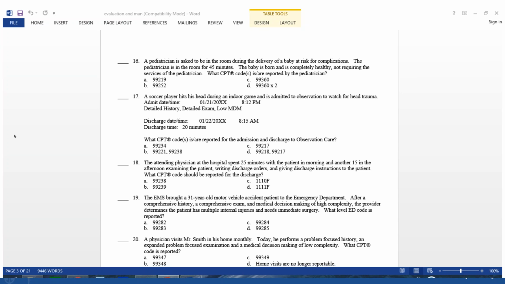Expanded problem focus examination, and a medical decision making of low complexity. Answers in the chat box, please. Remember, they got to get 2 out of the 3, and then you can capture that 2 out of the 3. So for number 20, yep, that looks like your answers. Number 20 in the chat box, please. So number 20 would be B as in boy.